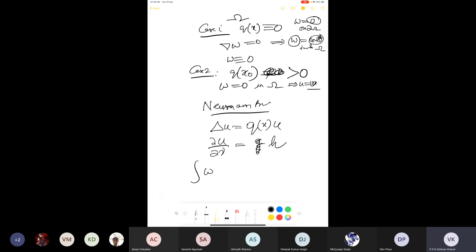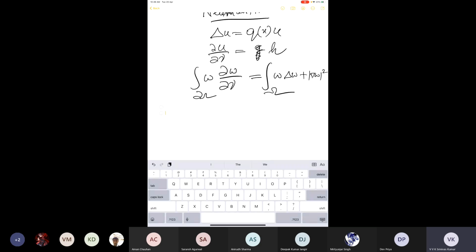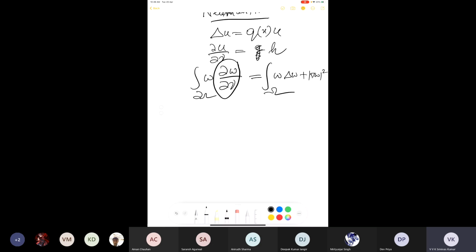Again by Green's identity, the boundary term ∂w/∂nu is 0, so the left-hand side is 0, equal to the integral of w Laplacian of w plus gradient of w squared. Laplacian of w will be q times w, so this will be w squared q, and we have again the same argument.